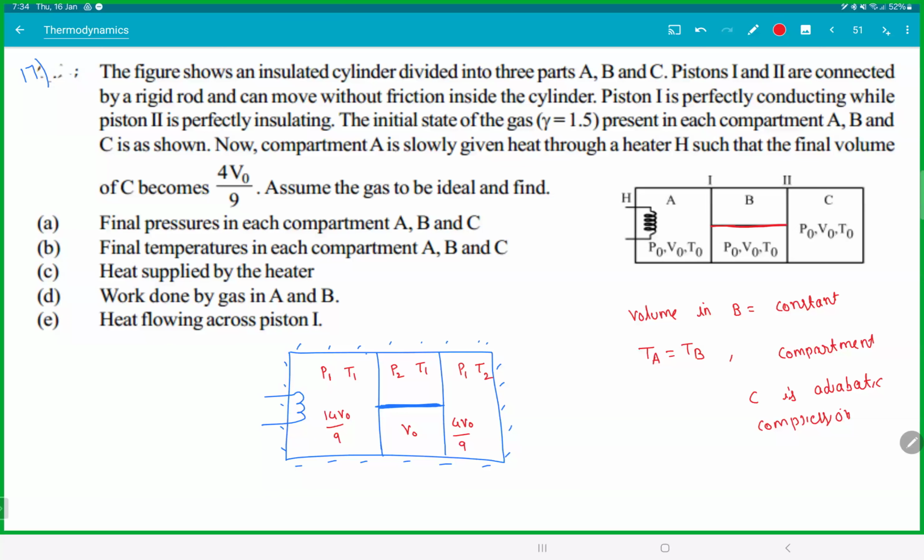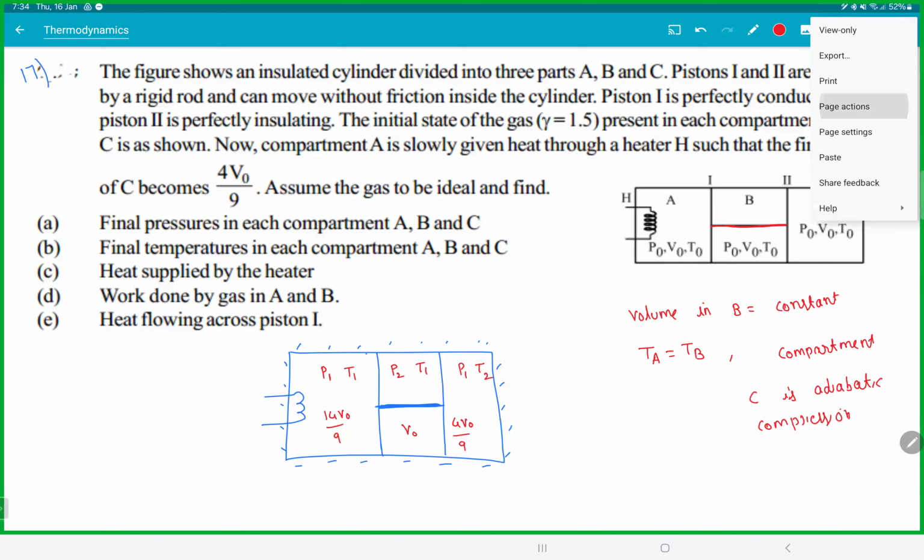Is the diagram clear? And what is doing? I just know the volume. Fair enough. T2 will come from here. P will also come. I'll get a lot of things from here.